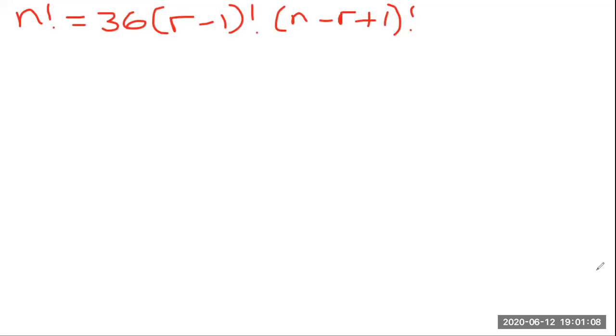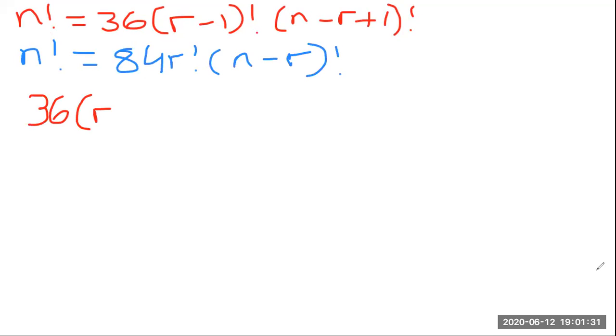And for the second one, you have n factorial is 84 times r factorial times n minus r factorial. So what I'm going to do is just equate both sides. I'll introduce the third equation later.